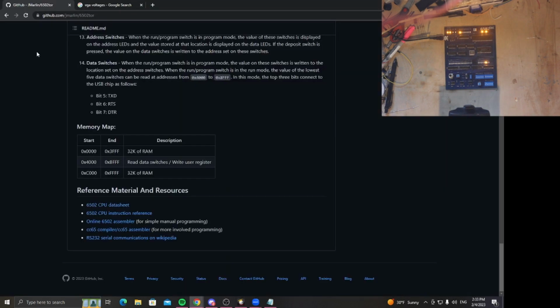And if we go back and look at that memory map, you'll see from 4000 to BFFF is read data switches, write user register. So we've gone soup to nuts from switches to what these values mean.